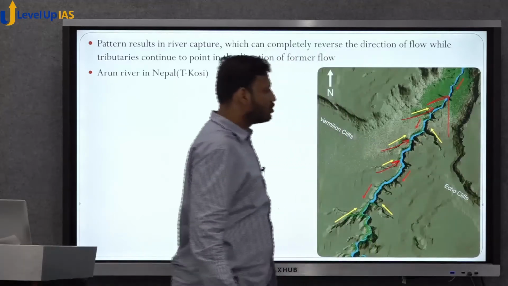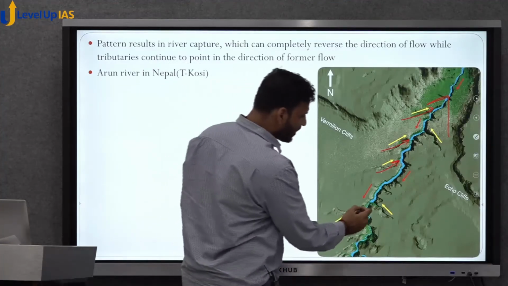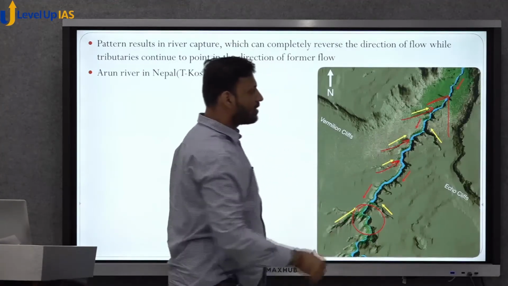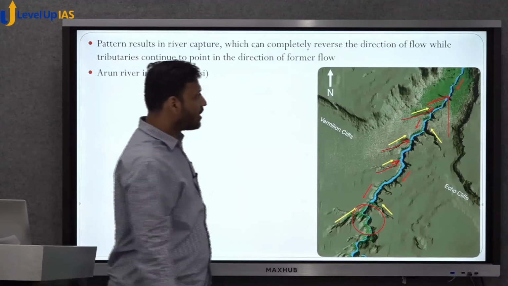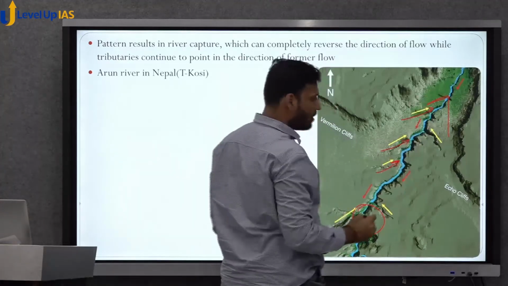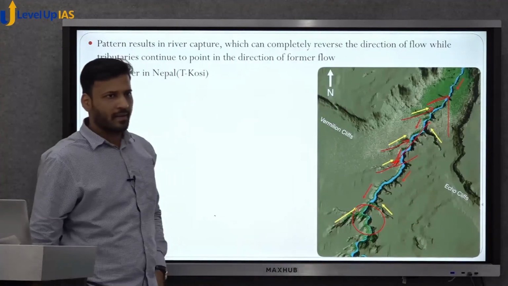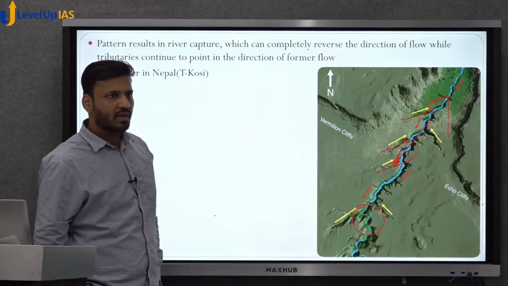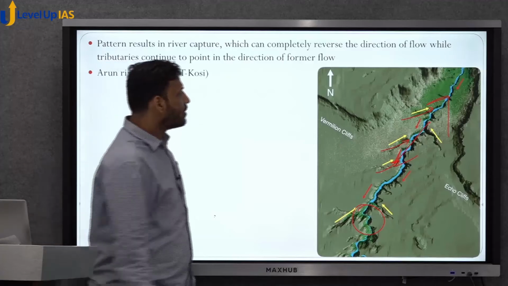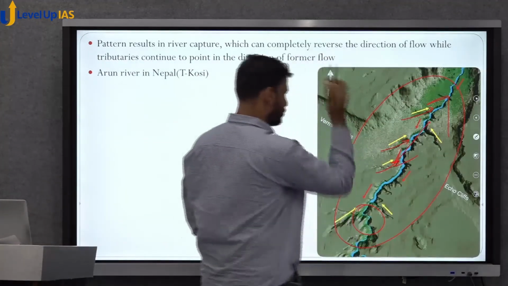So tributaries are joining like this. But here somewhere river capture has happened and the flow of the river has been reversed. So tributaries are still showing this direction, but the actual river is flowing in this direction. Getting it? Okay. So this is the pattern of barbed drainage or river capture.